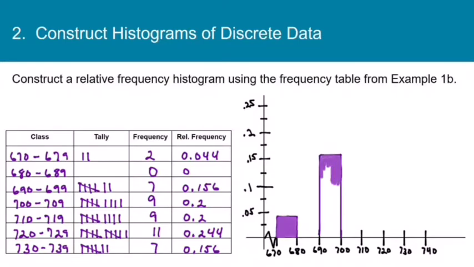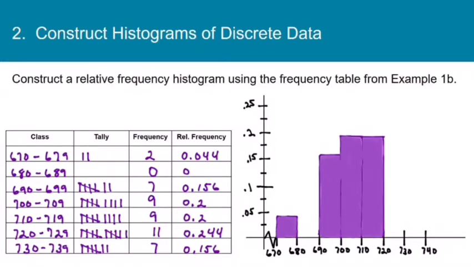So I'm going to draw my third rectangle there, and you can see that the height is just a little more than 0.15. Then we have 0.2, and another bar of 0.2, and then 0.244, which is going to come up almost to the 0.25 mark. And then we have 0.156, which I believe is the same height as this one.